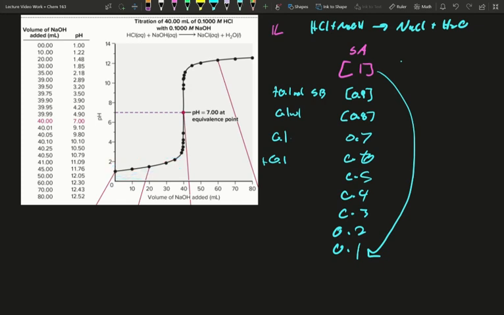And then, well, we go and we add 0.1 again. And now this drops to 0. Or let's take a slightly finer look. Let's say we add 0.09 in this case. It wasn't quite as big a drop. There wasn't quite as much of our strong base.